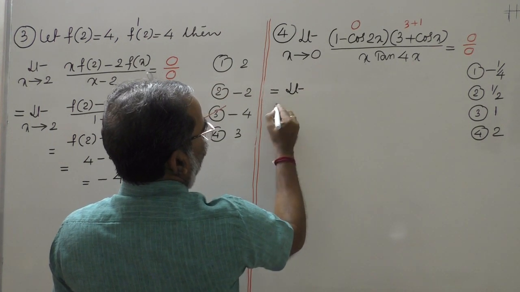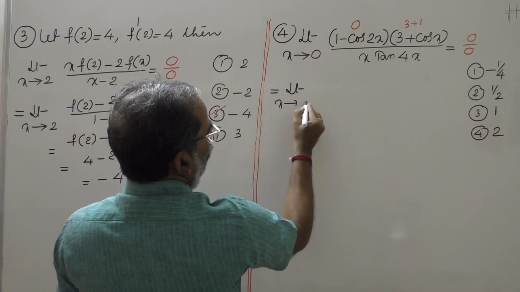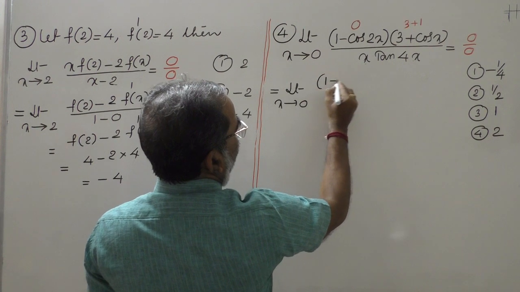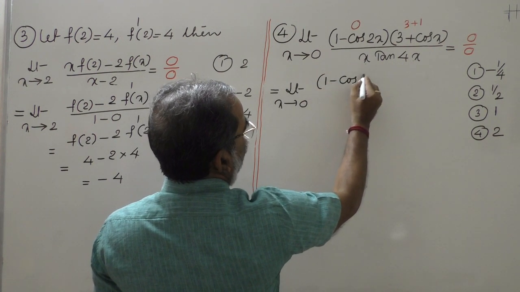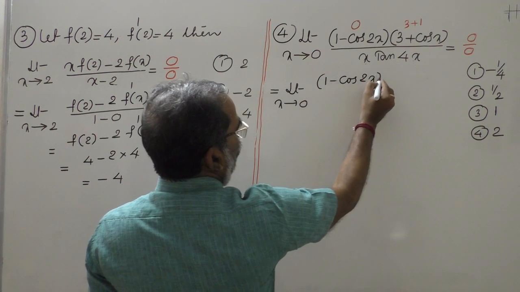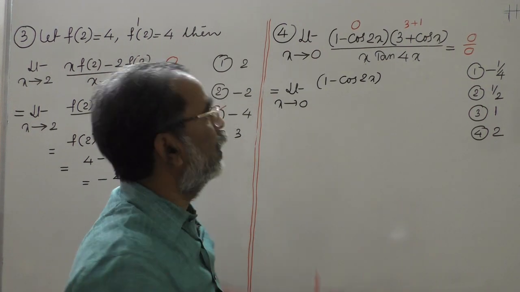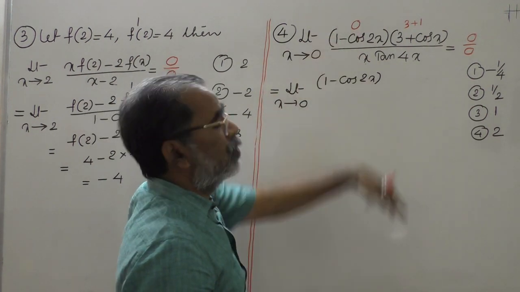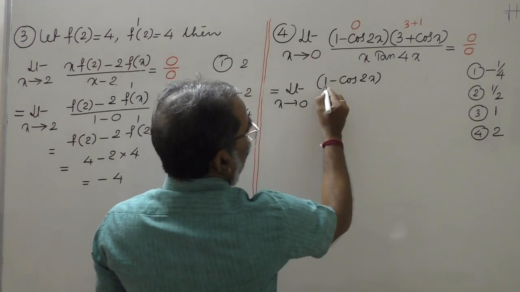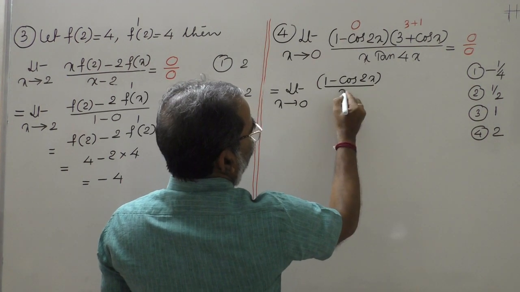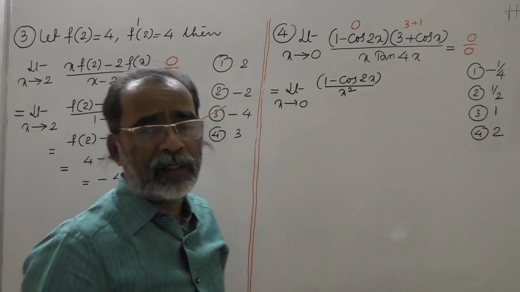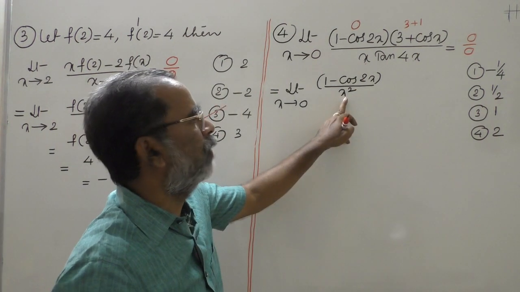Listen carefully. Limit x tends to 0. Here the factor is 1 minus cos 2x, which is giving us 0. So what do I do? I have a formula: 1 minus cos ax by x square is a square by 2. I need x square, no?